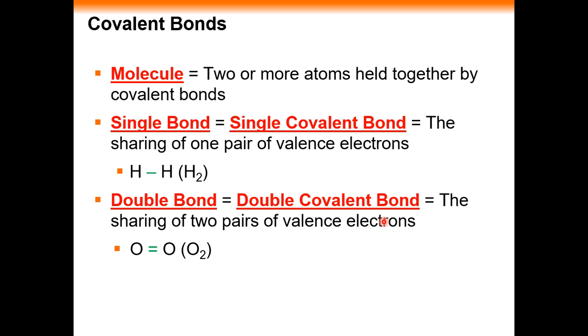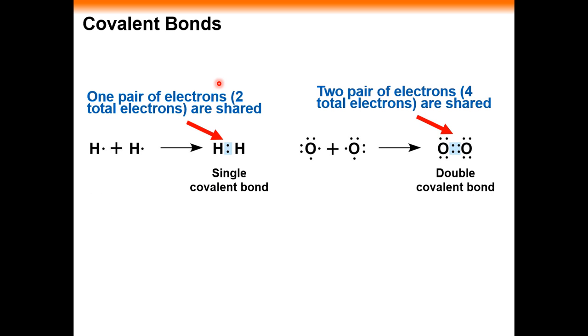Two pairs, that means four total valence electrons. And remember, these covalent bonds form molecules, while ionic bonds don't form molecules, they form salts or ionic compounds.